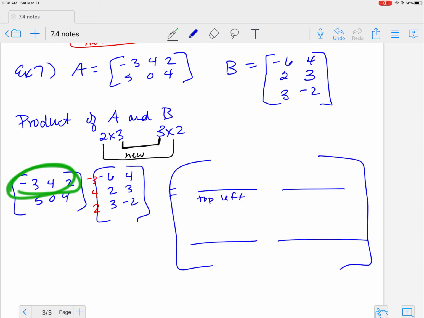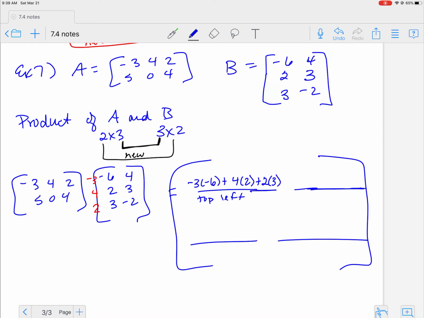With that top left, I'm going to multiply each one of those pieces together. So -3 times -6, right? The two top ones, -3, -6, plus the two middle ones, plus the last ones, 2 times 3, right?